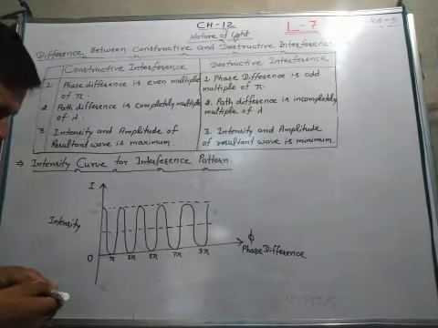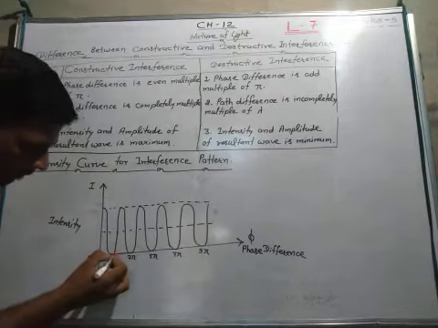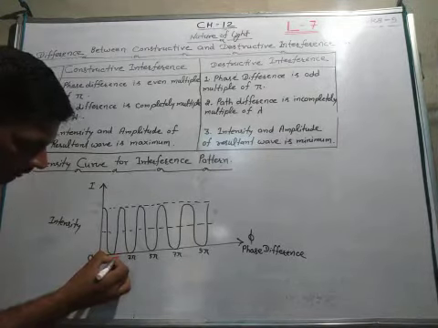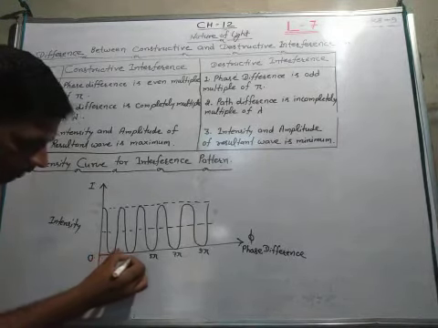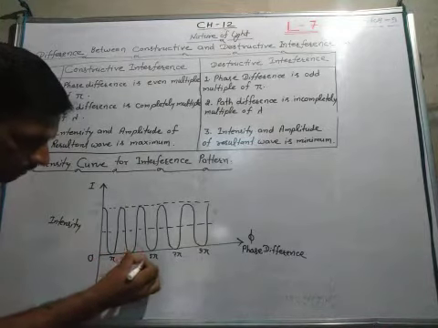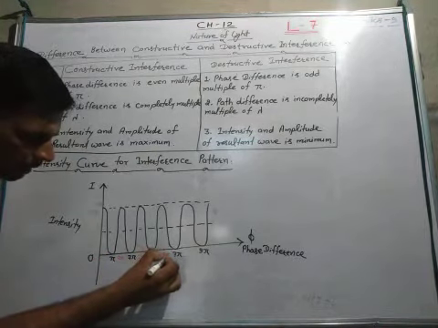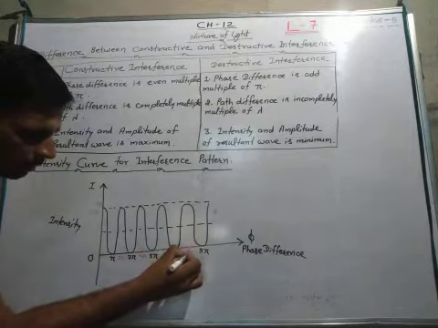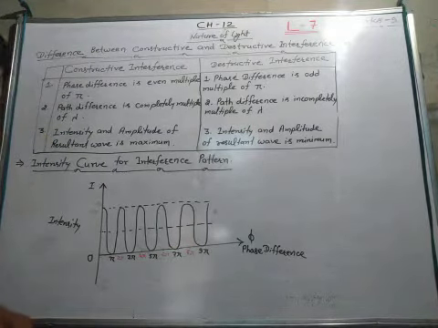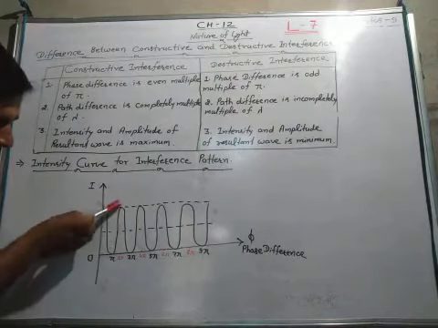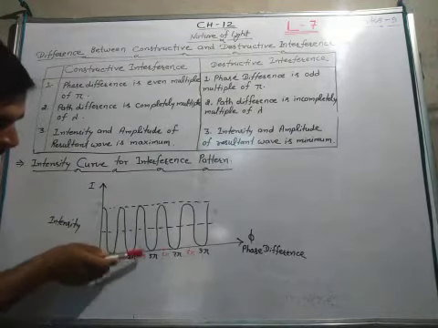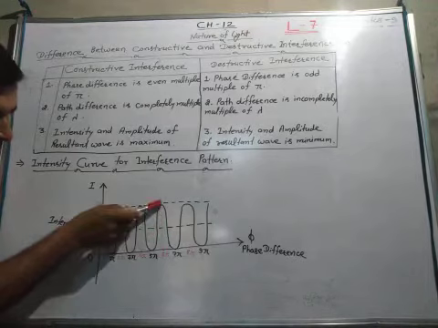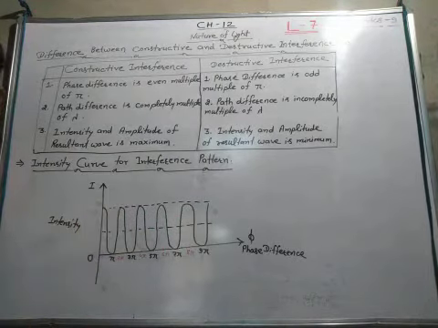And between them, at even multiples, 2 pi, 4 pi, 6 pi, 8 pi, intensity will be maximum. At 2 pi maximum, 4 pi maximum, 6 pi maximum, 8 pi maximum.